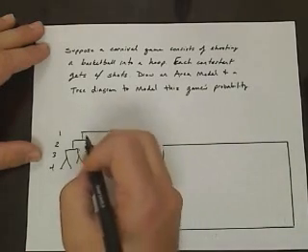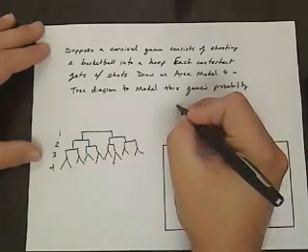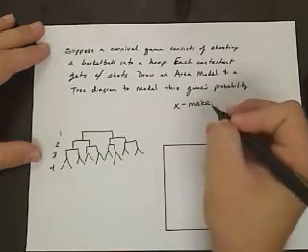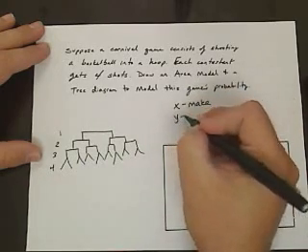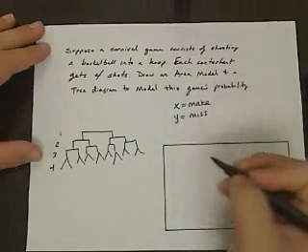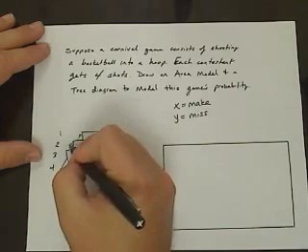And so we have to label these. Let's call X a make and Y a miss. So each break has an X and a Y.